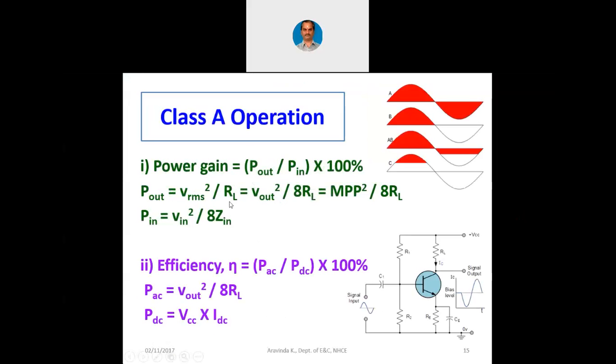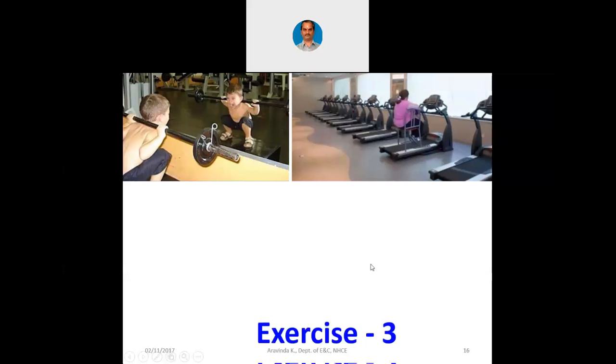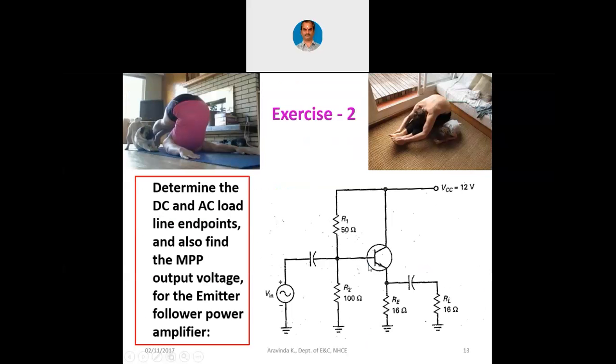We have this V out now, and we have this V in now, we have this Z in now, we have that IDC now. IDC is ICQ itself, 148 milliampere. We have the VCC, which was 30 volts. What we want is RL now. What was the RL there in exercise 1?